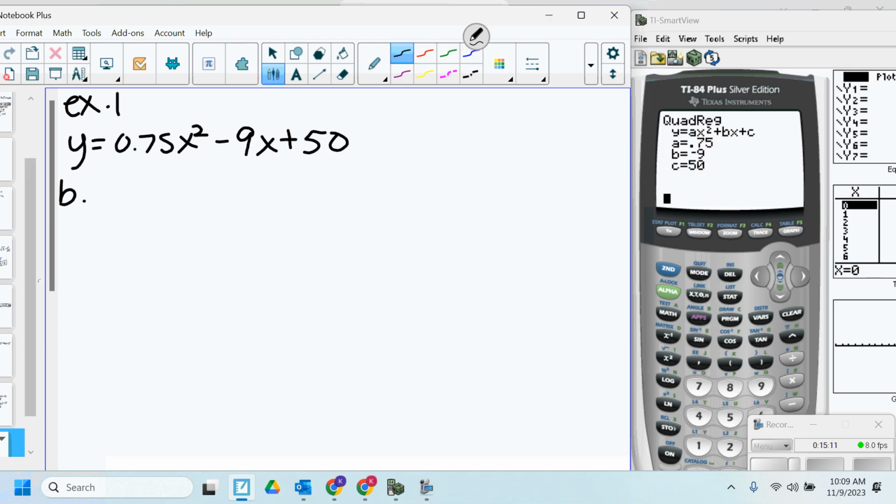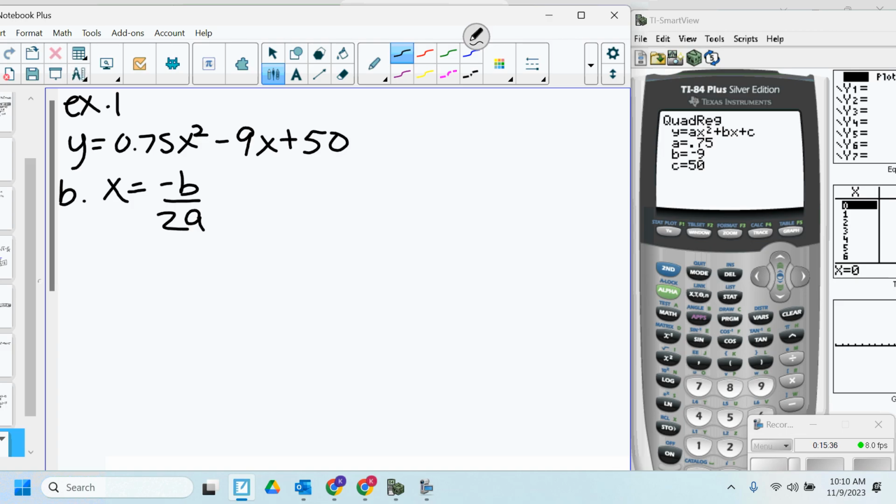What's a little easier is knowing that the x value of your vertex is minus b over 2a. Don't we know that? We do know that. So if we can find that x value, then we can keep moving from there.